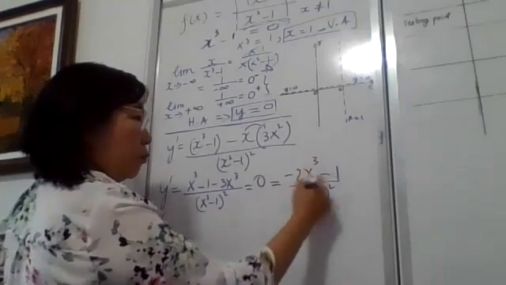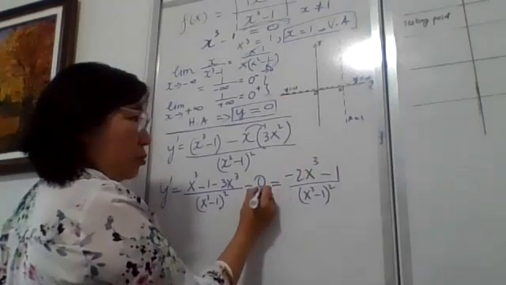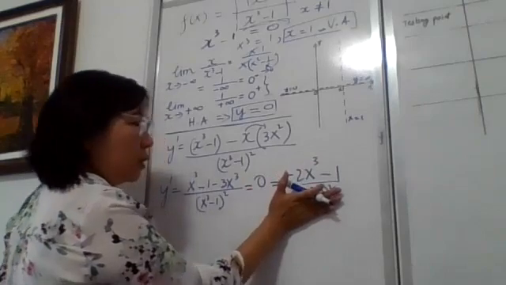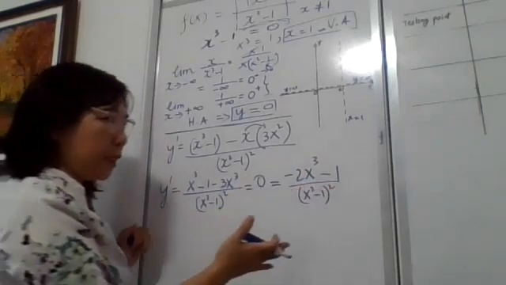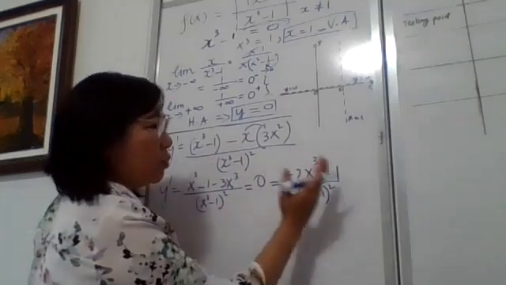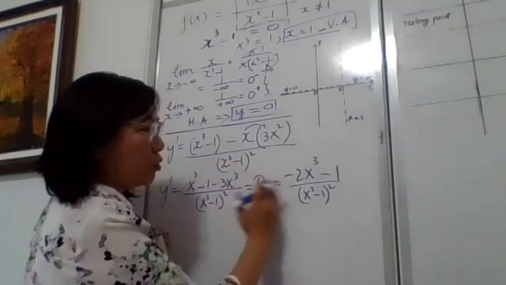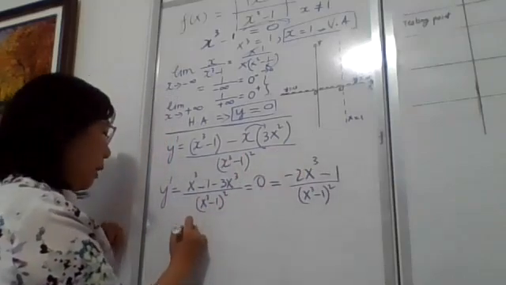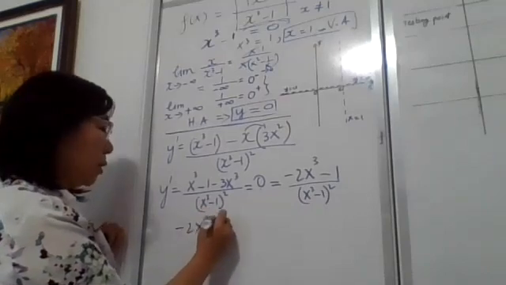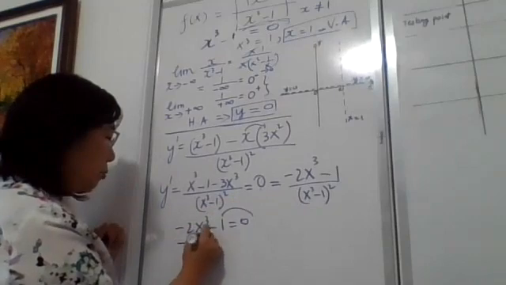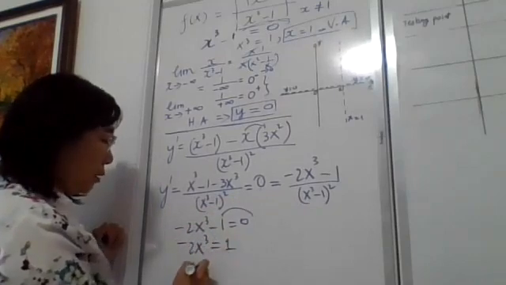Now, if we set the numerator equal to 0, it doesn't matter what the denominator is. We just set the numerator equal to 0, so the left side will equal the right side. Therefore, we just solve for x based on the numerator. So minus 2x to the power 3 minus 1 equals 0. Move it over, minus 2x to the power 3 equals positive 1.